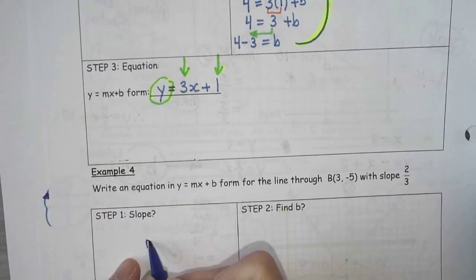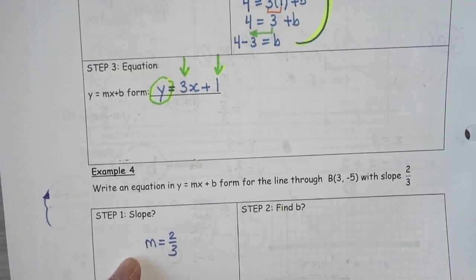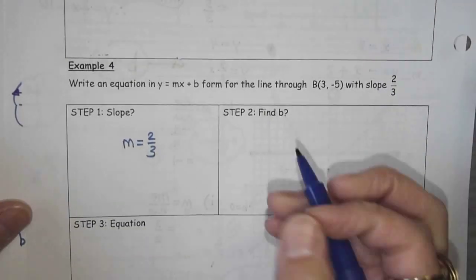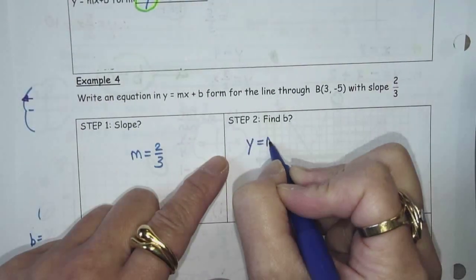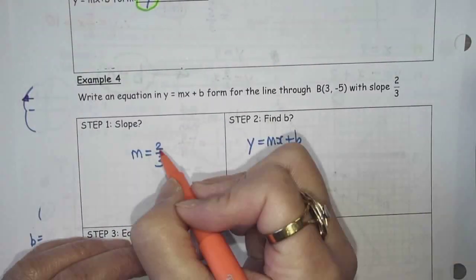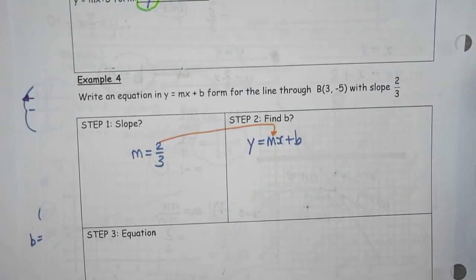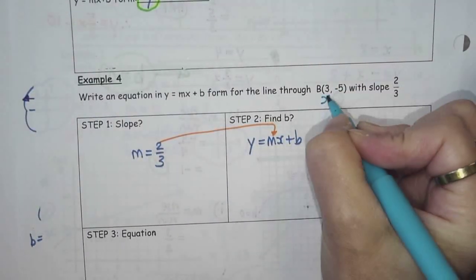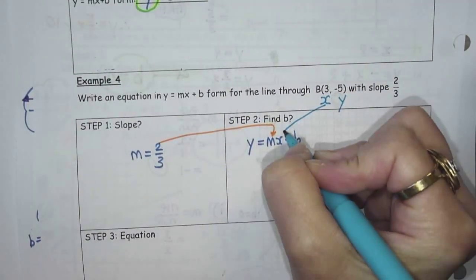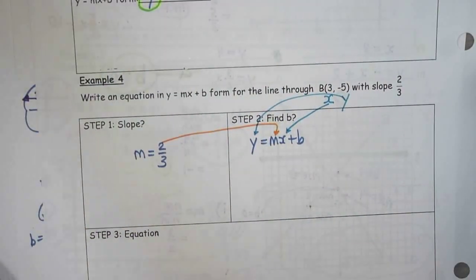Then I know m, so in my mind I'm thinking m is 2 over 3. So I'm just going to write that again for myself. I want to find b, and to find b, I write down y equals mx plus b, and then I'm going to put this in for m, and take this here, this is my x and my y, and put this in here, and put that in.